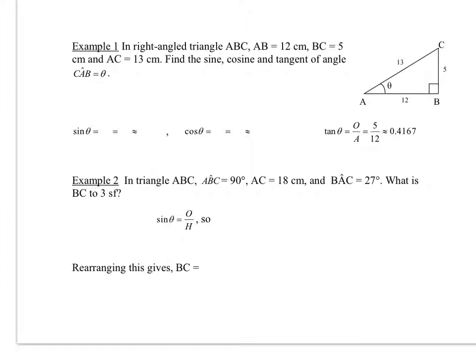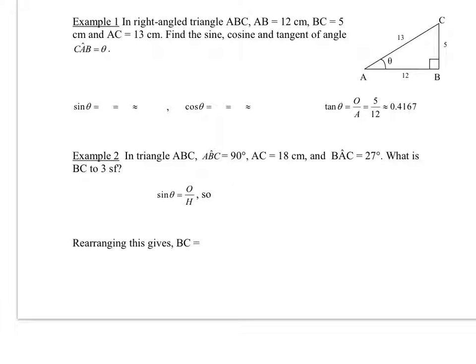Now, how can we use that? We can use it to answer questions like this. If you have a right-angle triangle and the sides are, as they are marked here, 5, 12, and 13, and someone asks you to find the sine, cosine, and tangent of this angle here, the angle at CAB, notice that CAB has the angle actually at A. Before you think about what the sine should be, think about what is opposite this angle.